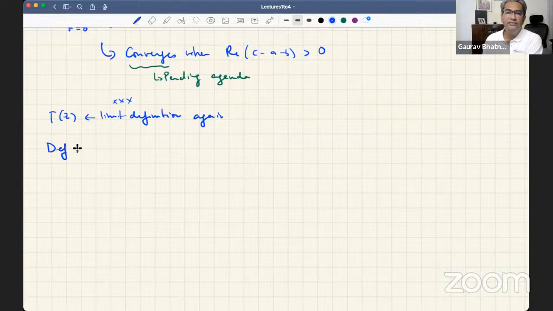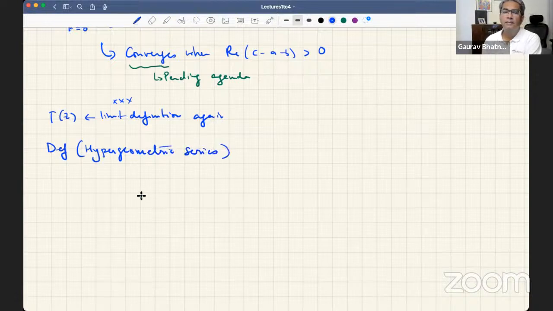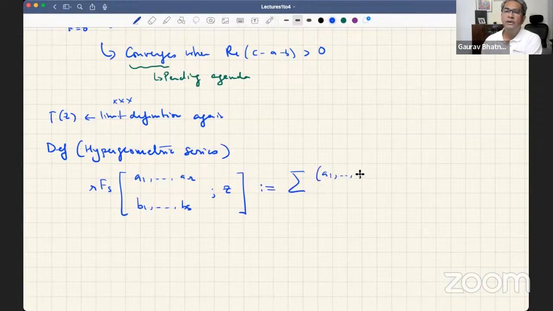And let me just define the hypergeometric series as follows. rFs has r numerator parameters and s denominator parameters. There's no q, but there is a power series variable z, and this is the sum over k going from 0 to infinity of (a_1 to a_r)_k over (b_1 to b_s)_k, z raised to k over k factorial.